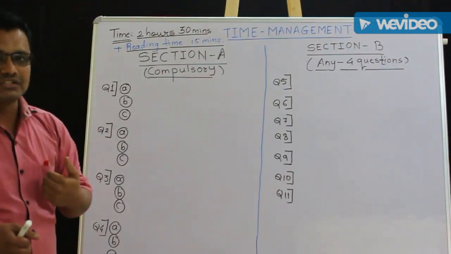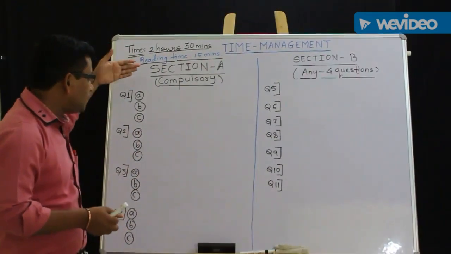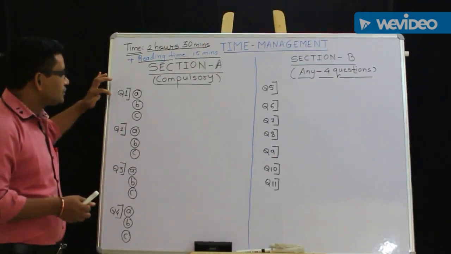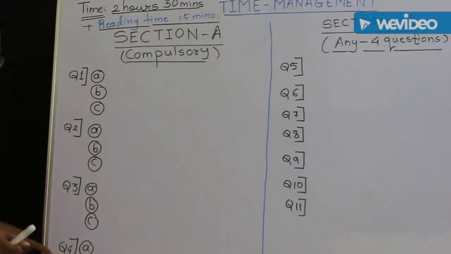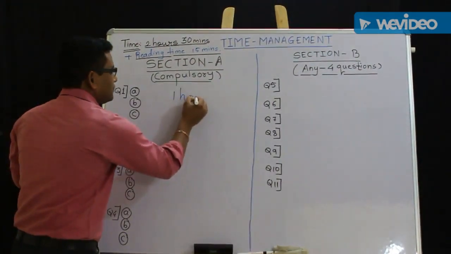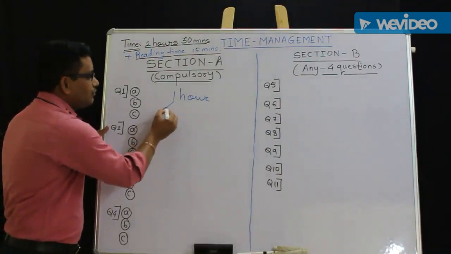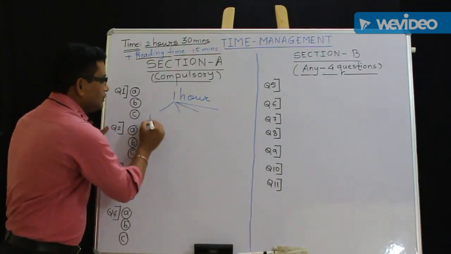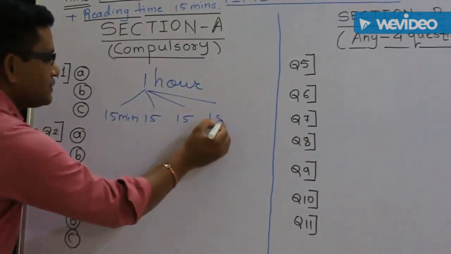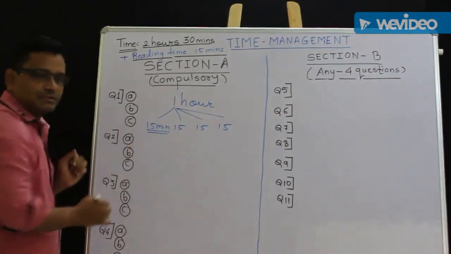But as we have experience with previous batches, we suggest you start with Section A. In Section A, questions 1, 2, 3, 4, we will divide 1 hour into 4 parts, so it will be 15 minutes, 15 minutes, 15 minutes, 15 minutes. So each question we can give 15 minutes.